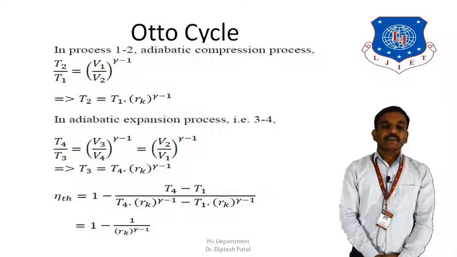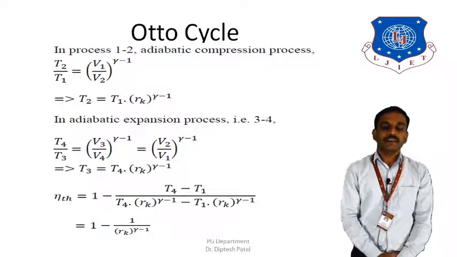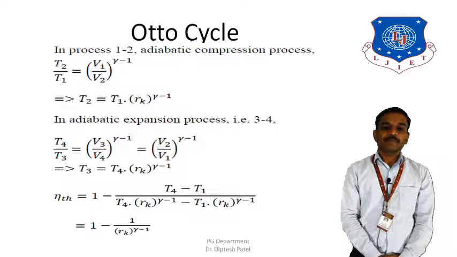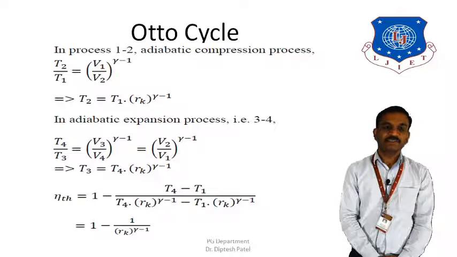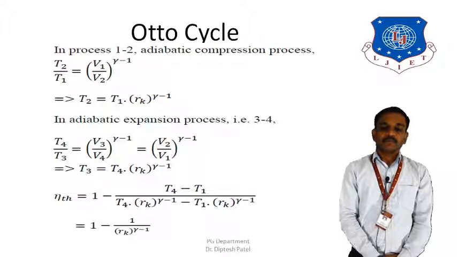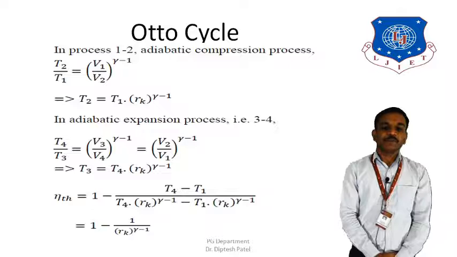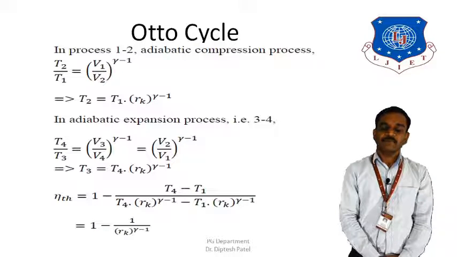Similarly, in the adiabatic expansion process, which is 3 to 4, the entropy also remains constant, so we are going to use the isentropic relations for that process as well, and that is T4 upon T3 is equal to (V3 upon V4) raised to gamma minus 1. Therefore, that can also be written as (V2 upon V1) raised to gamma minus 1, because we know that V2 is equal to V3 and V4 is equal to V1, and therefore T3 is equal to T4 into Rk raised to gamma minus 1.